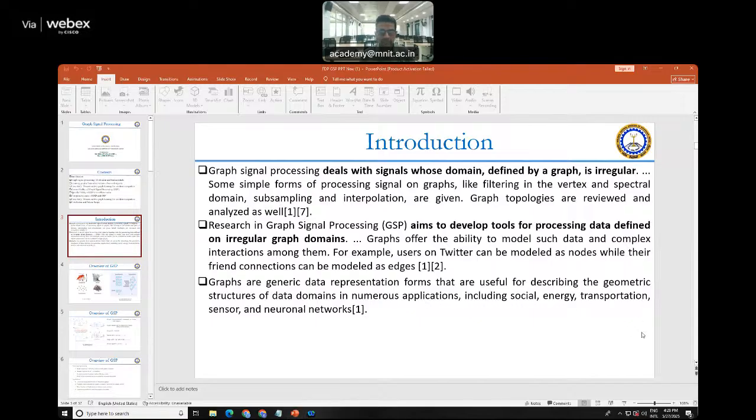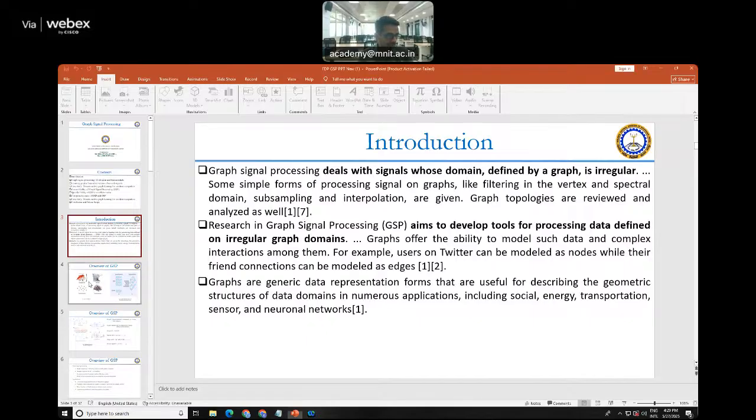So we are saying graphs are generic data representations. What do you mean by generic? It means there may be forms that can be generalized, useful for describing the geometric structures of data domains in numerous applications, including social, energy, transportation, sensor, and neural networks.